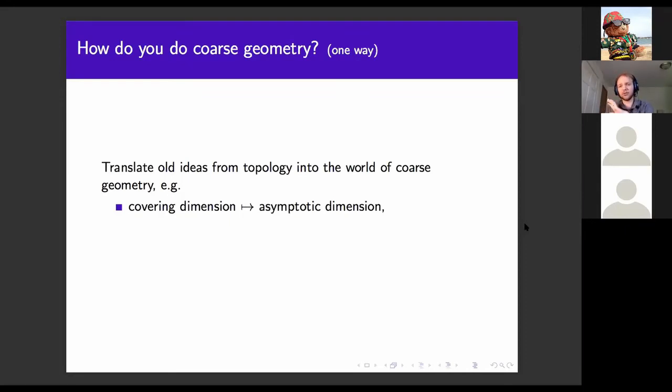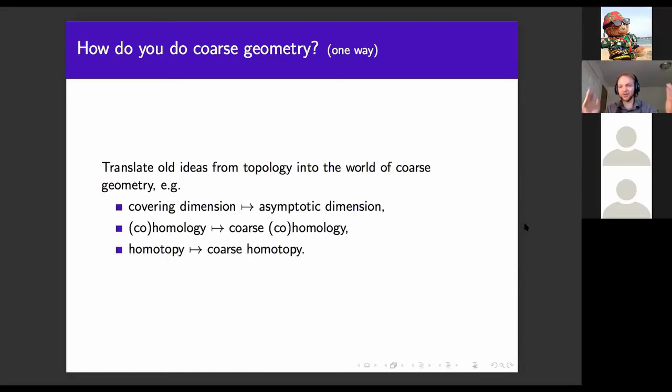Asymptotic dimension ties into big conjectures, like the Novikov conjecture and the Gromov-Lawson conjecture and good stuff like that. Homology or cohomology, you don't need to know what that is, but it's a topology thing that counts holes, becomes coarse homology and cohomology. And homotopy becomes, guess what? Coarse homotopy, right? So the idea is to take something from topology that's super old and turn it into something from coarse geometry that's super new.